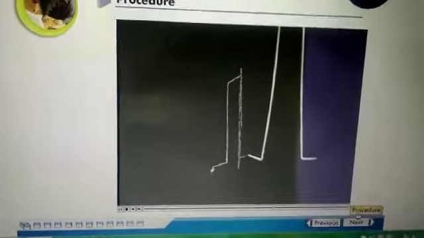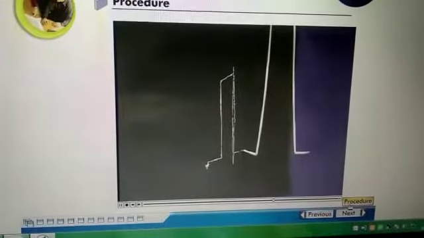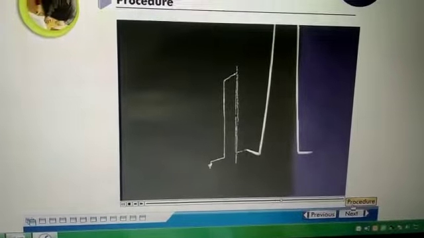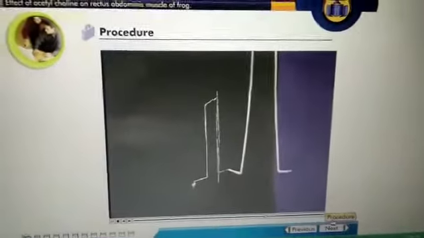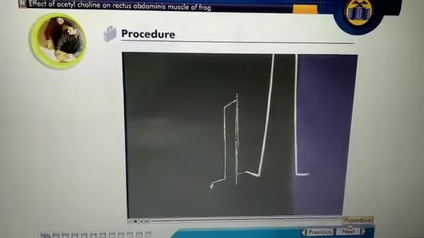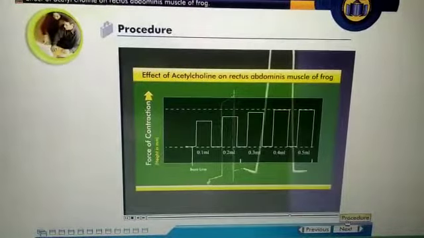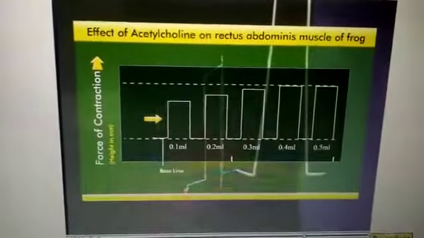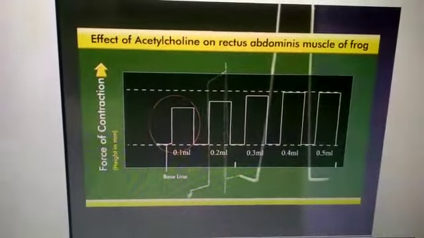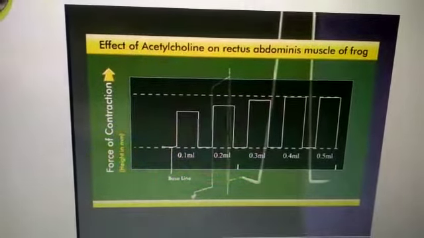Repeat the procedure by using 0.2, 0.3 and 0.4 ml of acetylcholine solution. For recording of each response to increasing doses of acetylcholine, 30-second baseline, 90-second response time and total 5 minutes time cycle is to be followed.